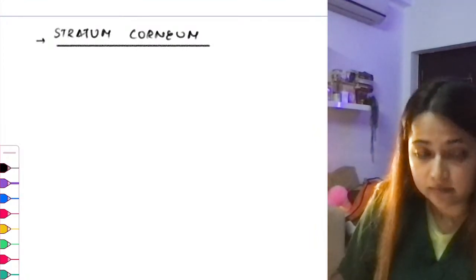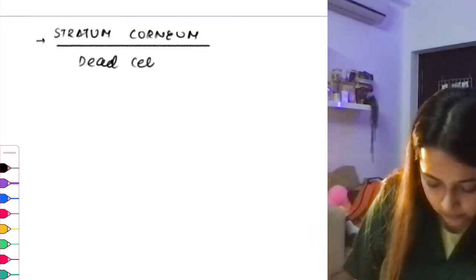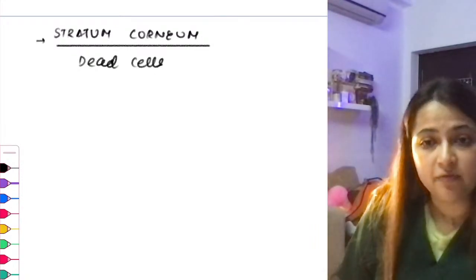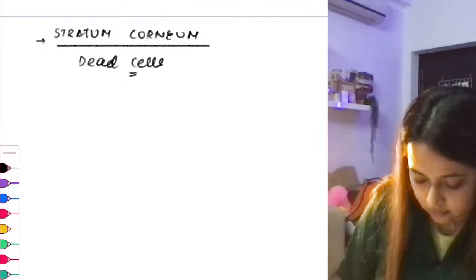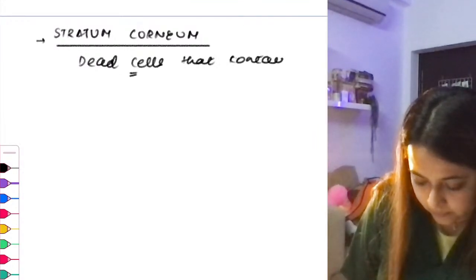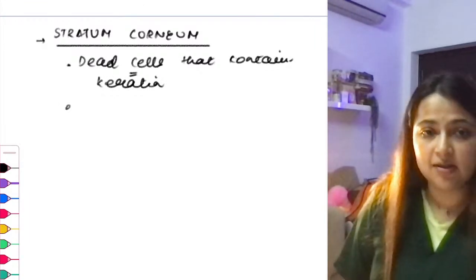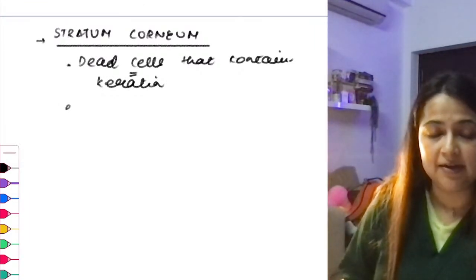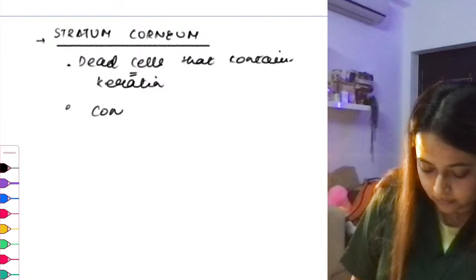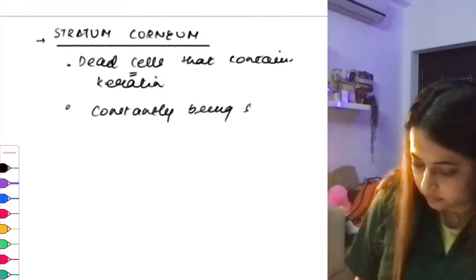The stratum corneum is filled with dead cells that contain keratin. And the property of stratum corneum is that the cells in this layer are constantly being shed off.